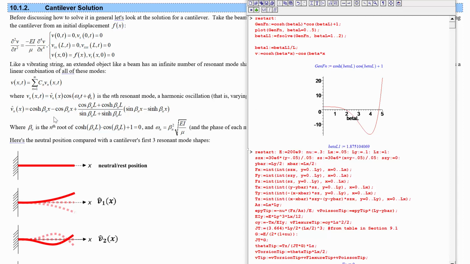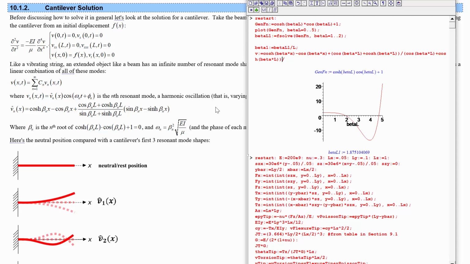Let's put this in without beta subbed in for beta n, and then we'll substitute it in so that we can quickly get a few different solutions and compare them. So we'll just type out this equation, leaving everything in terms of beta and x, plus this thing here, cos of beta times L, plus cosh of beta times L, all over the same thing but sine and sinh.